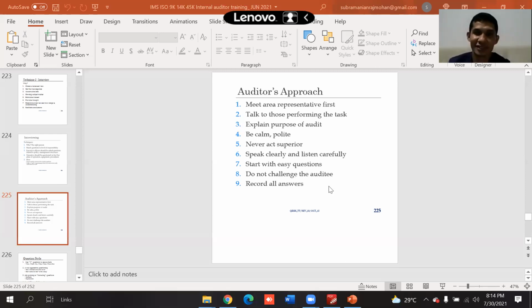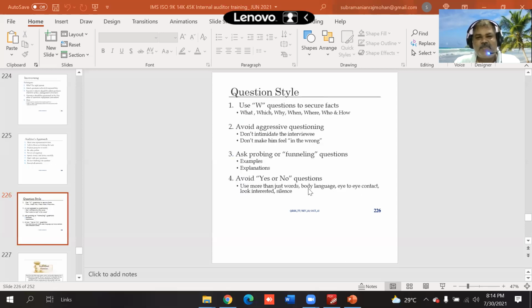Do not challenge the auditee, because sometimes there may be a different way to do it. Record all the answers. So these are the ways to do it. Questions use the W's, as I mentioned: why, what, when, where, which, and how. This is for auditing. If you're investigating when something goes wrong, the same will also apply.